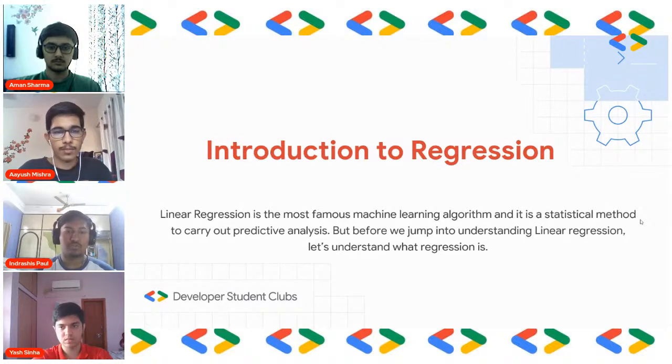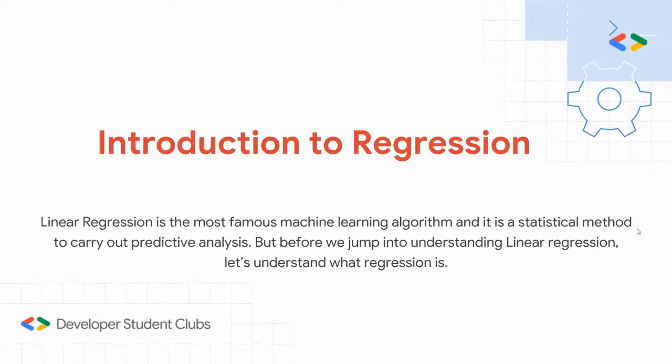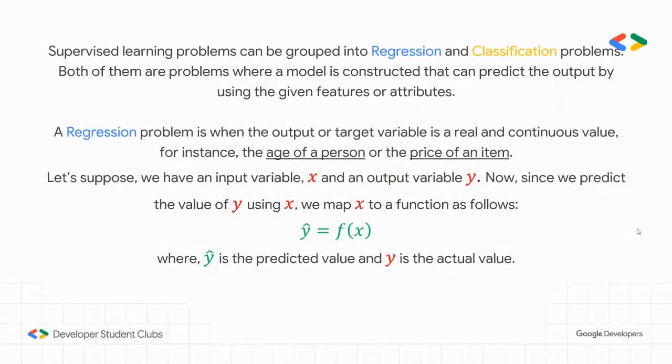Regression is a branch of supervised learning. Even though linear regression is a very famous algorithm, before jumping onto it, let's first understand what regression actually means, because regression analysis is a very useful tool in statistics.